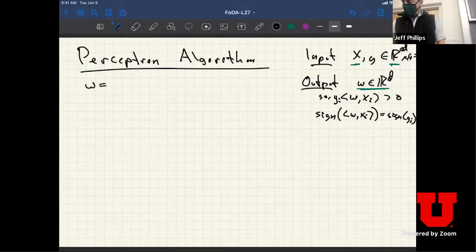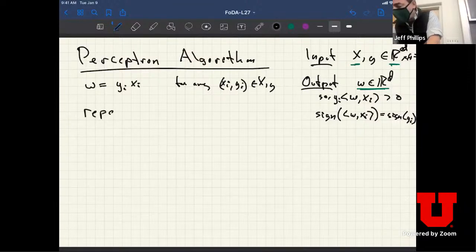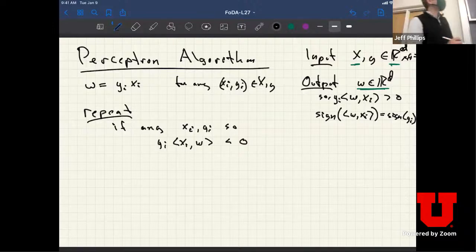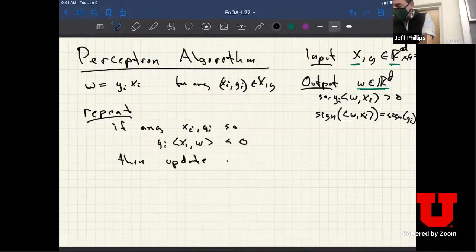We start with w equal to yi times xi for any xi, yi in X times Y. I can start with any of these, and then I repeat: if there's any xi, yi such that the sign of yi xi w is less than 0, so this means it's misclassified, then I update w equals w plus yi xi.